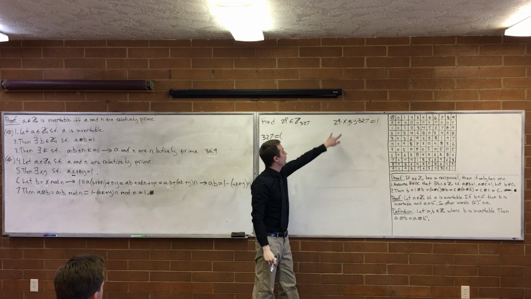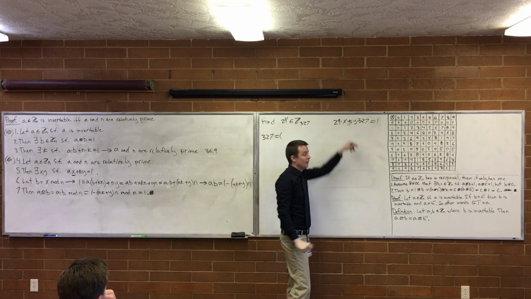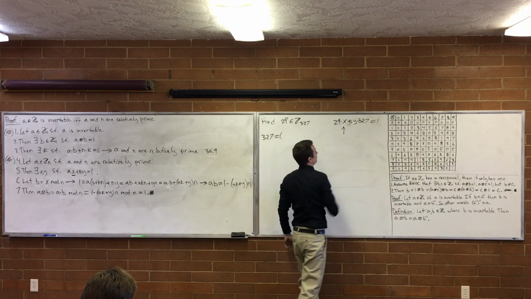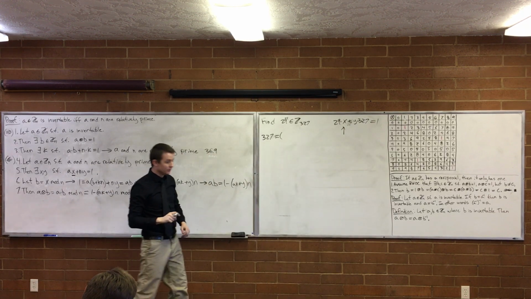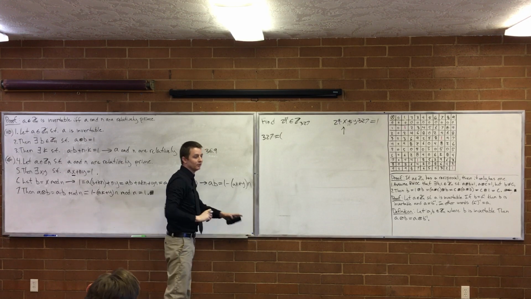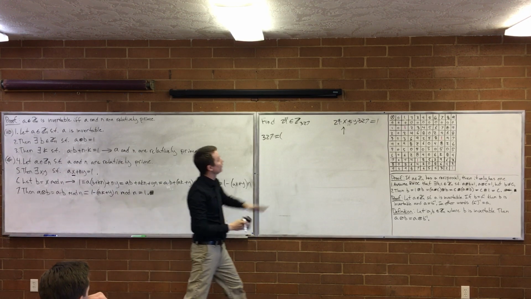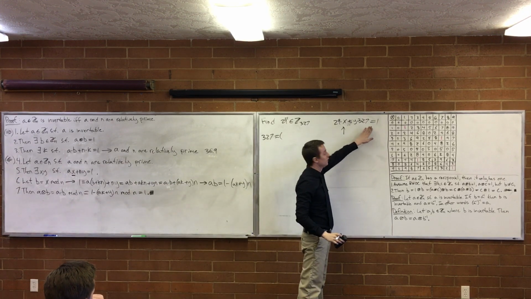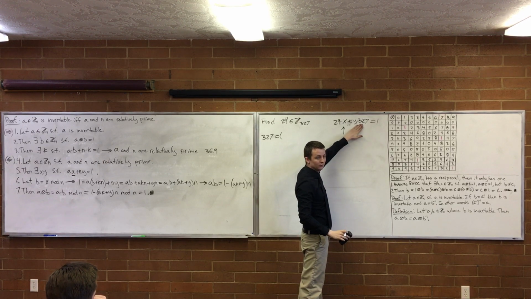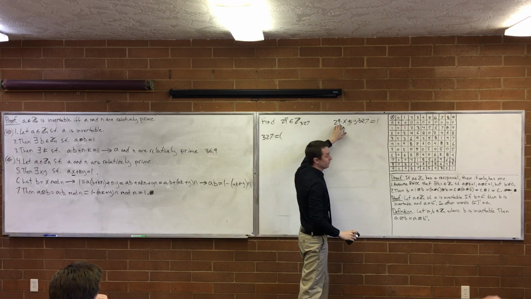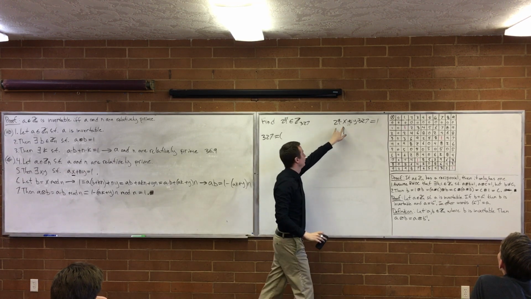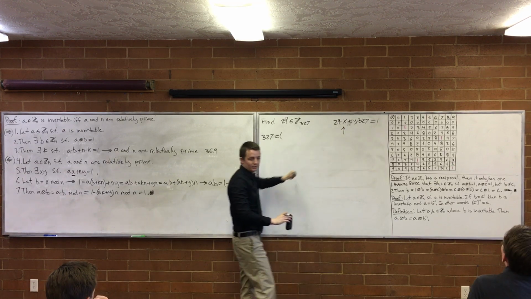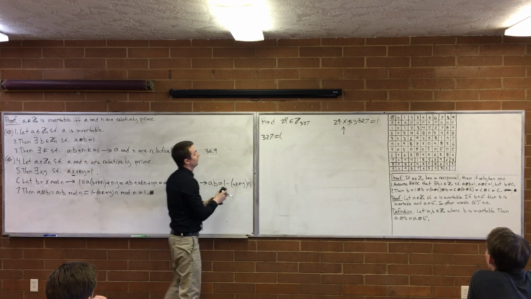We need to find the x and y that satisfy this, and then this x, when we mod it by 327, is our multiplicative inverse. Mod both sides of this by 327: this term goes to 0, and so this, mod 327, has to be 1. So these two are reciprocals of each other. Follow that?